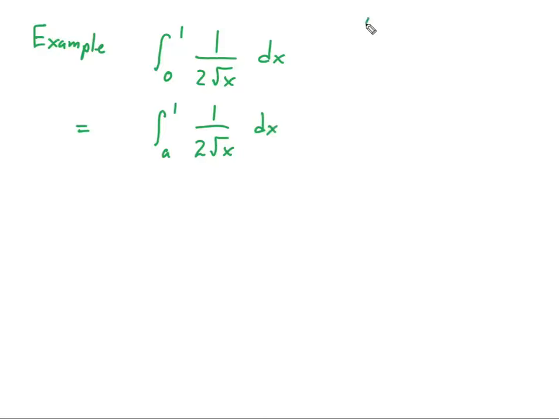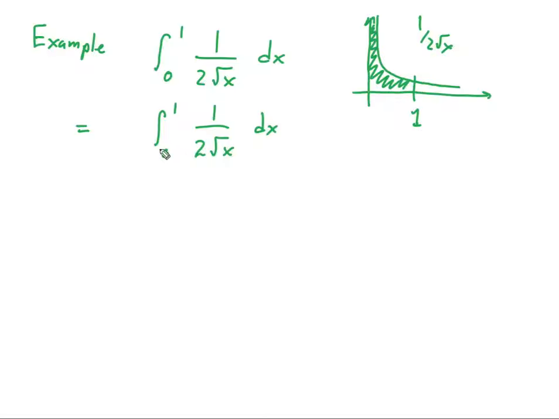Now, this integral corresponds to the following area. 1 over 2 square root of x looks something like this. And we're integrating from 0 to 1, so we're imagining this area as corresponding to this definite integral.